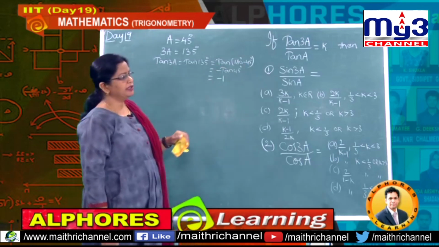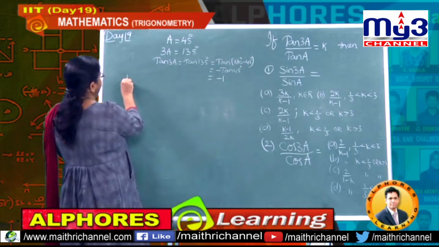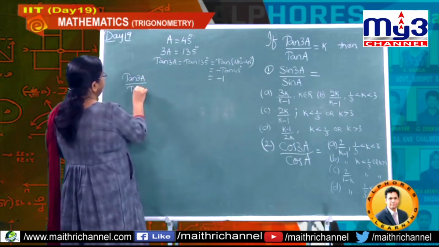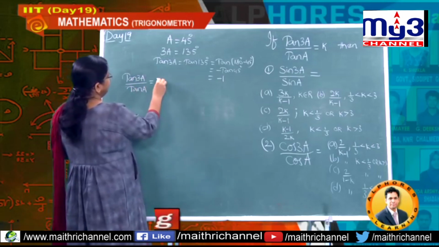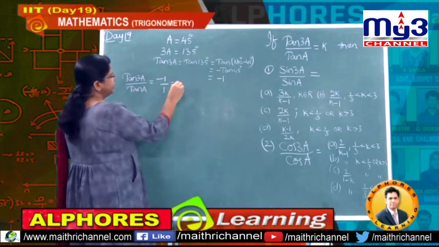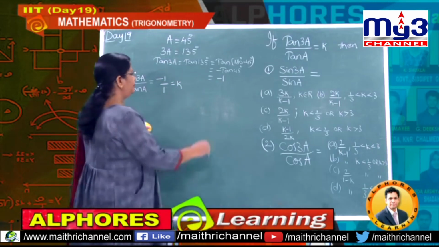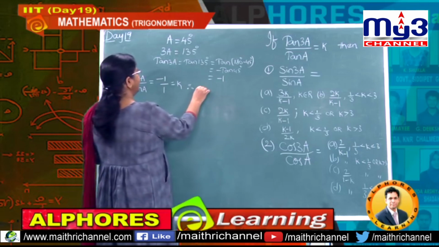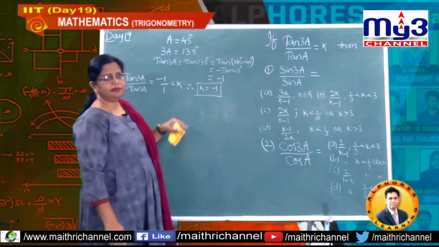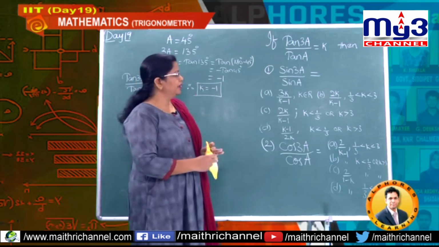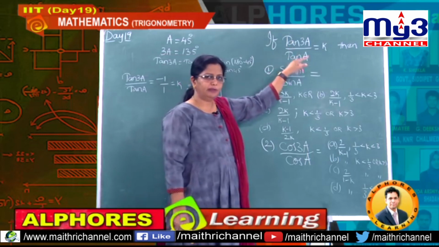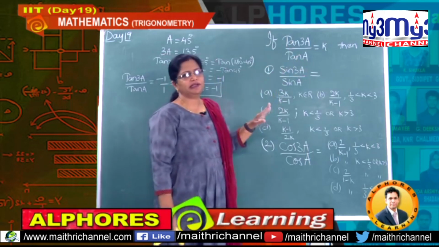So now students, you get the value of k: tan 3a divided by tan a is numerator minus 1, denominator 1, and it is given as k. So finally your k value is minus 1, by taking a as 45 degrees.